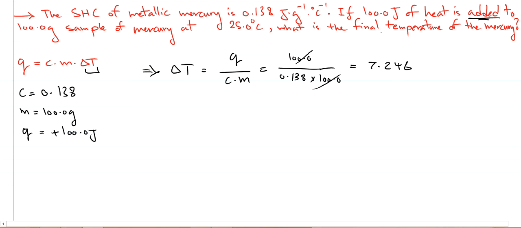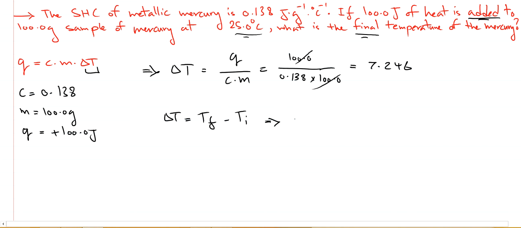Now this is my amount of delta T. I want to find the final temperature, and I know that my initial temperature is 25, and we know that delta T equals T_f, which is the final temperature, minus T_i, which is the initial temperature.